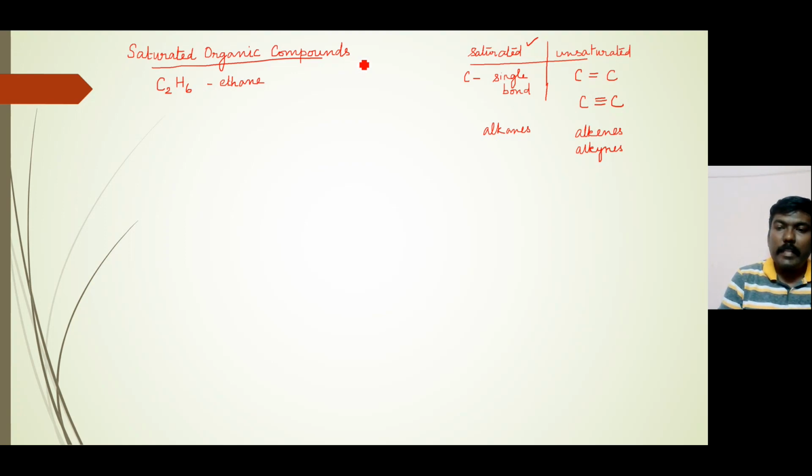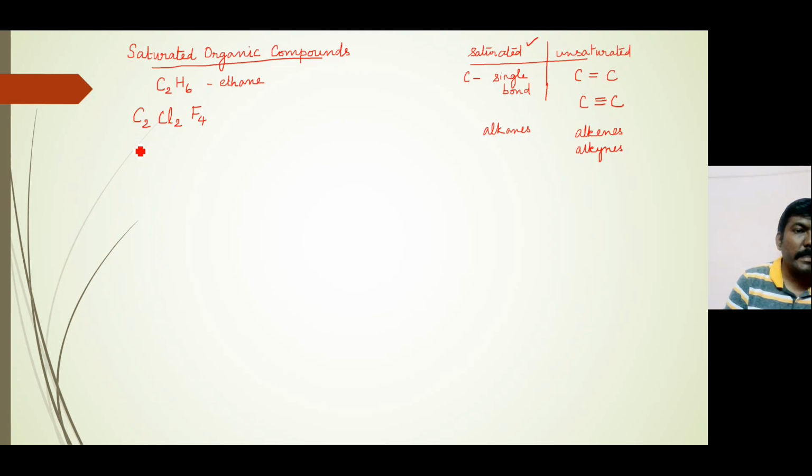Okay, so in this designation of refrigerants, we will start with saturated organic compounds which are used as refrigerants. C2H6 is one example, but to begin with, let me take the example of C2Cl2F4.